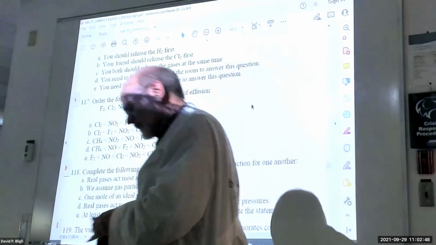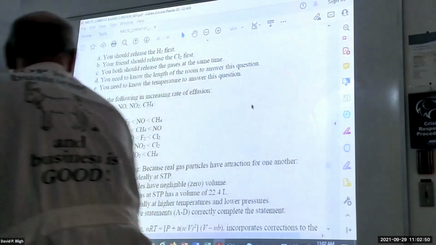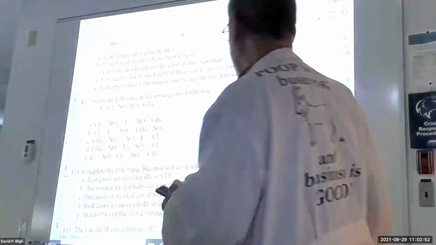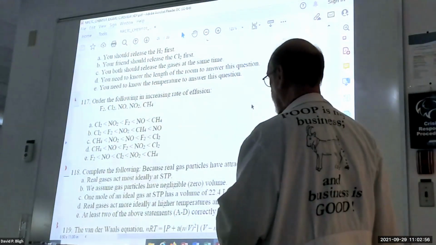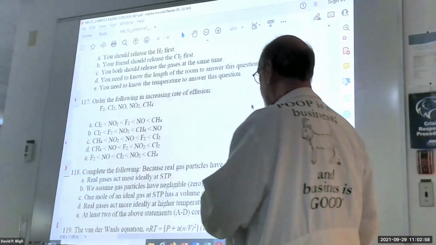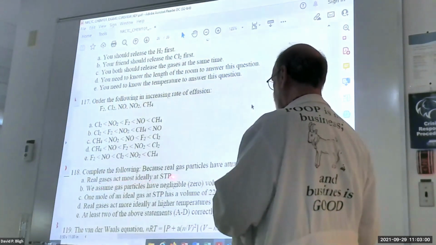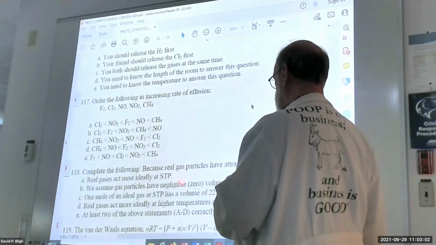Okay, that was 117, 118. It's on the board. Complete the following: because real gas particles have attraction for one another, real gases act most ideally at standard temperature and pressure.